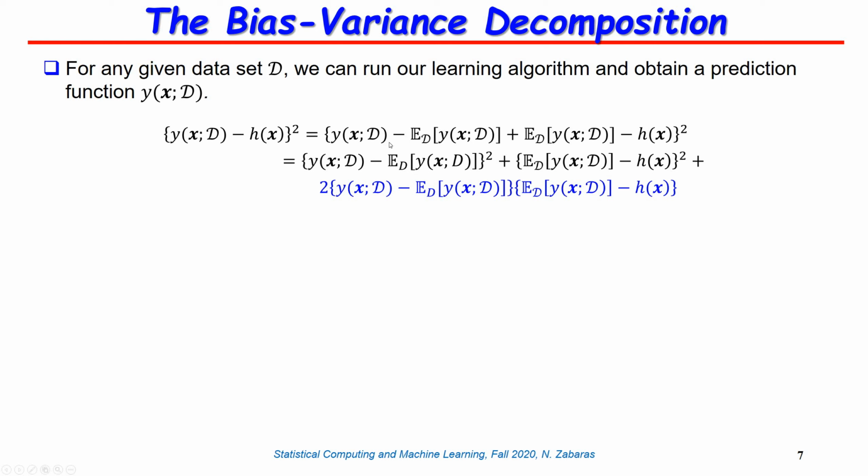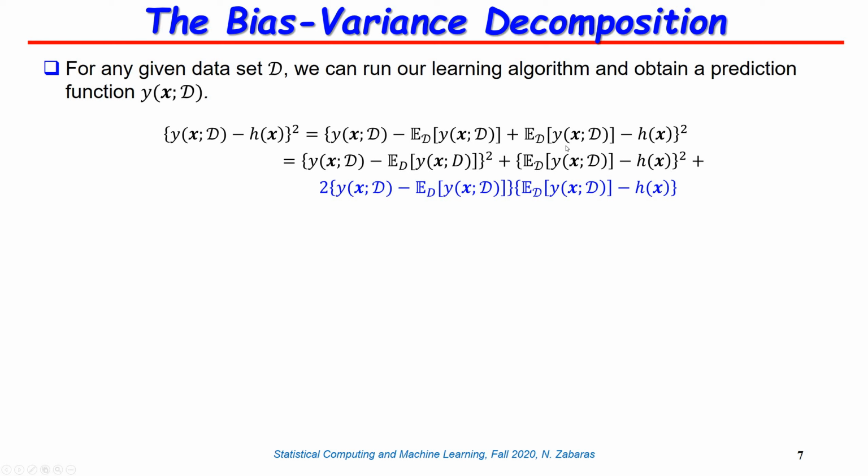But because I am interested in comparing things across a collection of different data sets D, I'm going to remove and add the expectation of this regression function over data sets D. If you can see, I have one term that involves y minus the expectation of y over D, and another term that involves the expectation of y over D minus h of x.